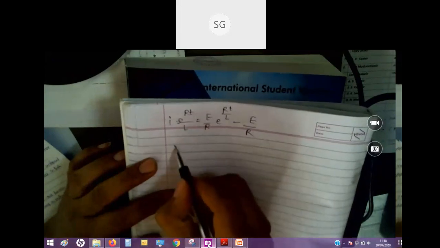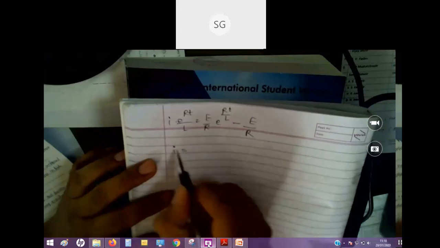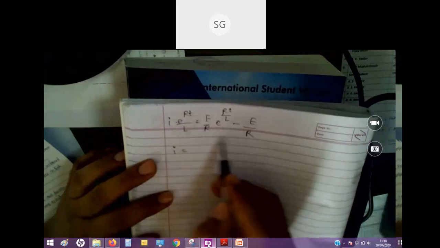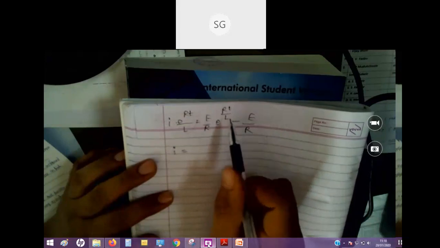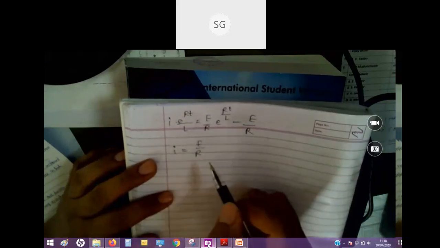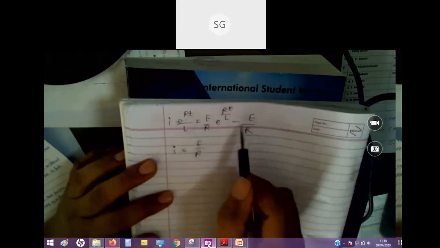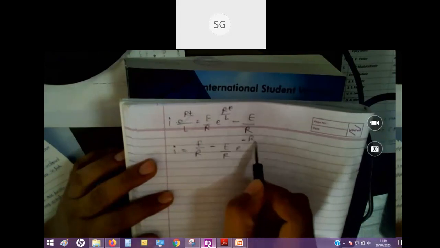We have to find I, because the question asks to find the current I. That's why on the left hand side we will only keep I. So we have to divide both sides by e raised to rt by l, which gives e by r, and to the other term e by r, e raised to minus rt by l.